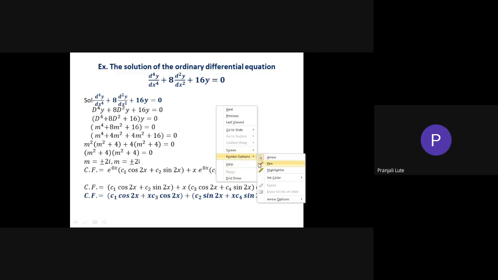Let me tell you how m equal to plus minus 2i came. Here you have m square plus 4 equals 0.